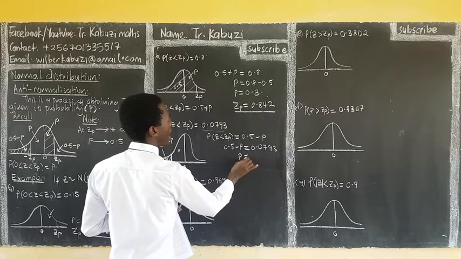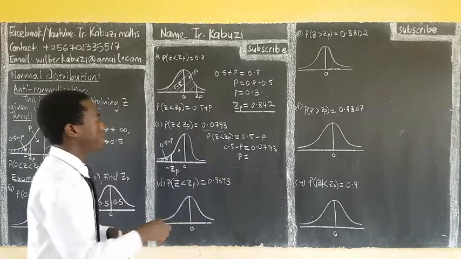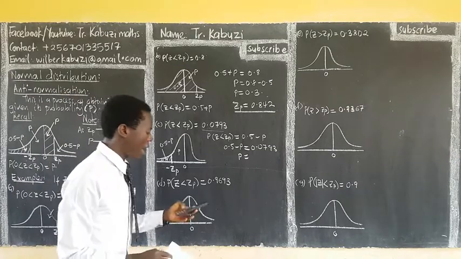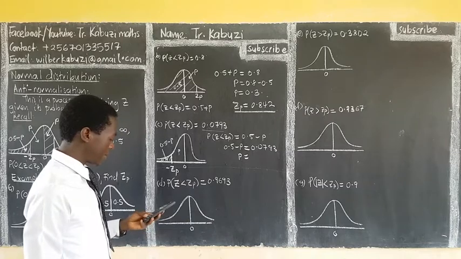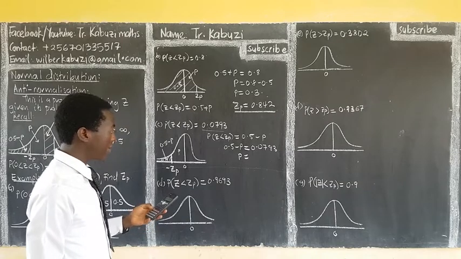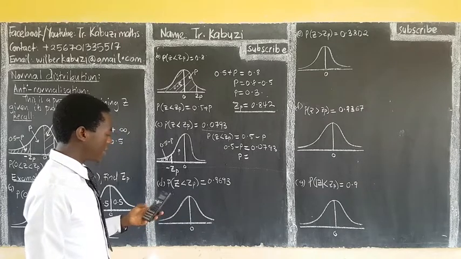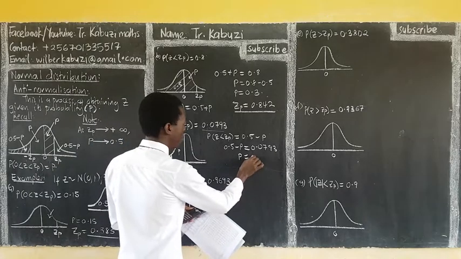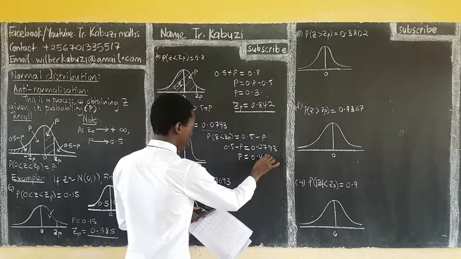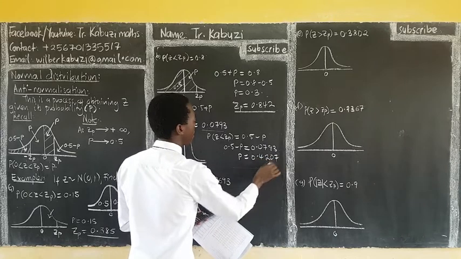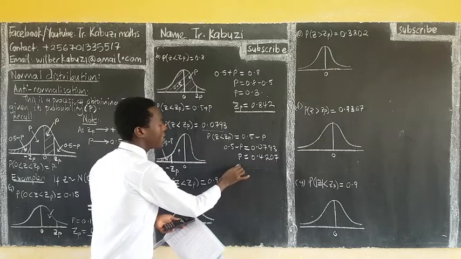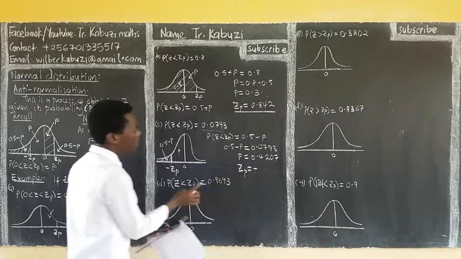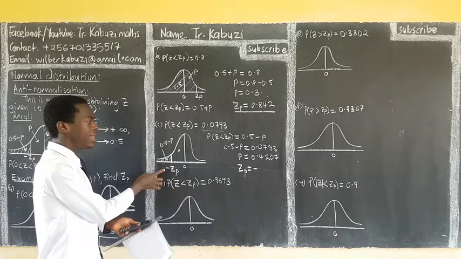So from there, our P, if you subtract that on your calculator, our P is going to be 0.4207. Now this value, my ZP, is going to be negative because it was on this side.